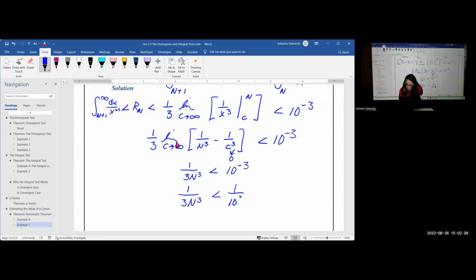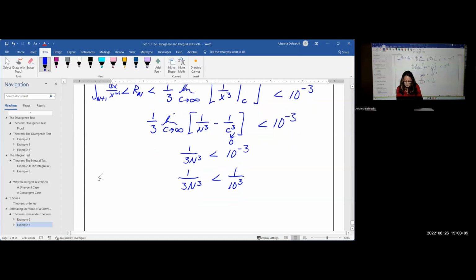Now we have to think about what the value of uppercase N is. Remember that this was based on a series, which started, I believe, at 1, in which case uppercase N is strictly positive. Because it's strictly positive, I can multiply both sides by 3N cubed, which must be positive. And of course, 10 to the 3rd is positive, so I can multiply both sides by 10 to the 3rd.